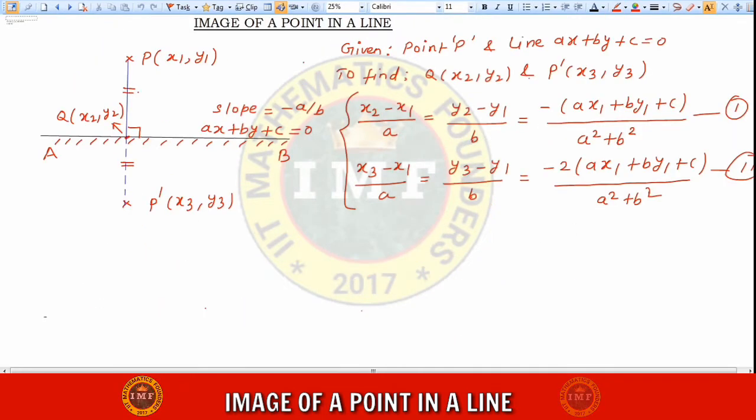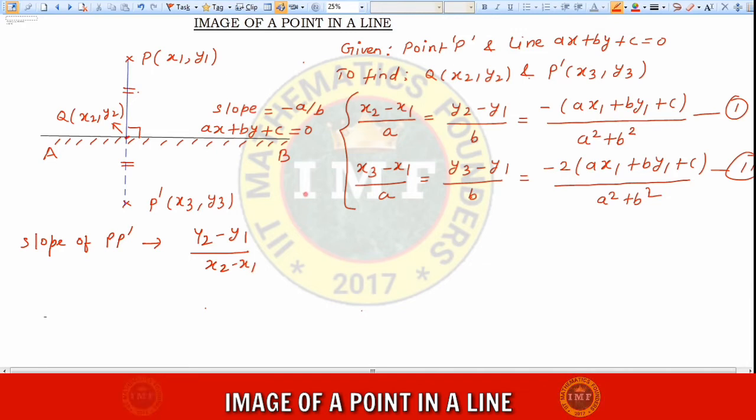Okay, so here in method number 2, what we can do is, first of all I will find the slope of PQ by taking the points P and Q. So here the slope of PQ is (y2 − y1)/(x2 − x1).